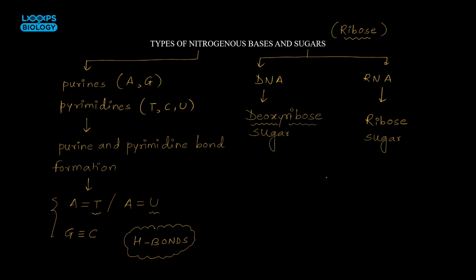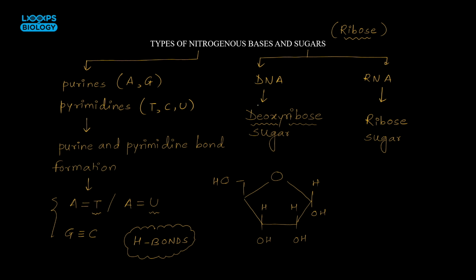So the ribose sugar seems to be like this: there is OH, H, OH, H, there is again OH, H and CH2OH. So this is your general ribose sugar structure.